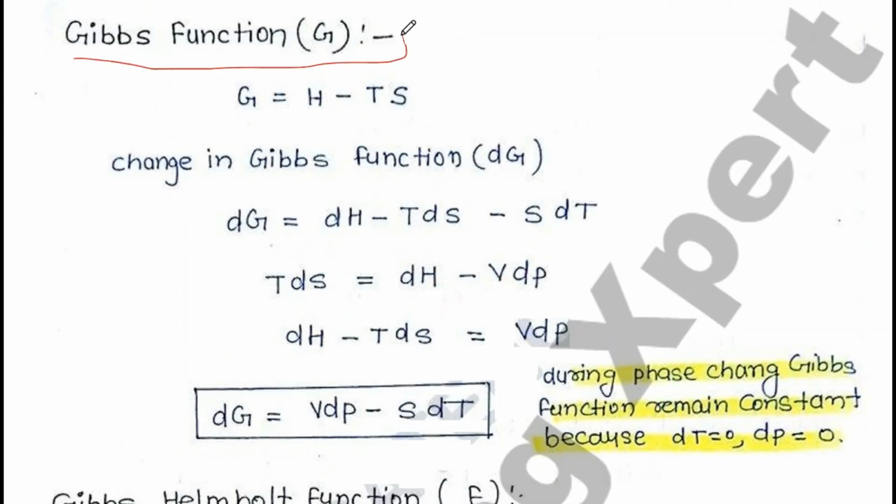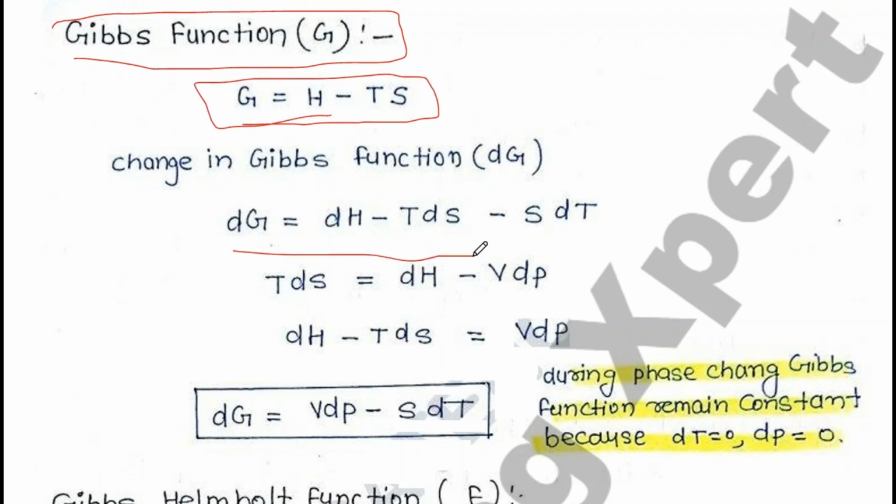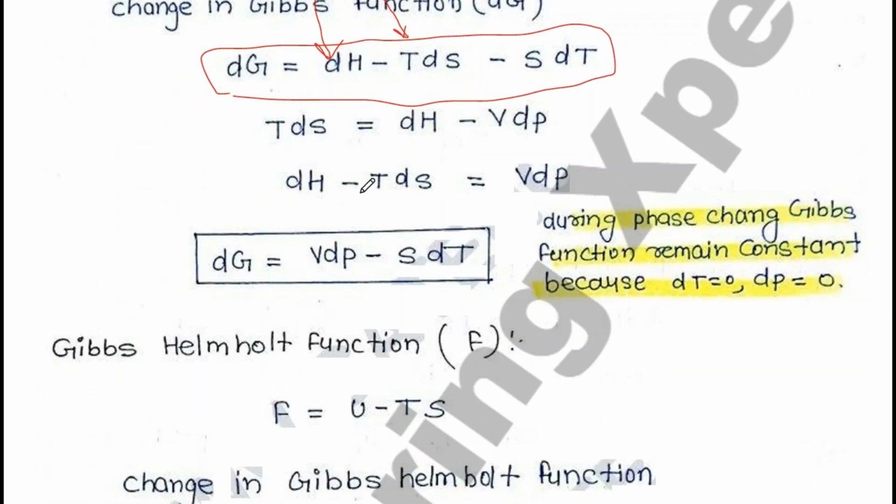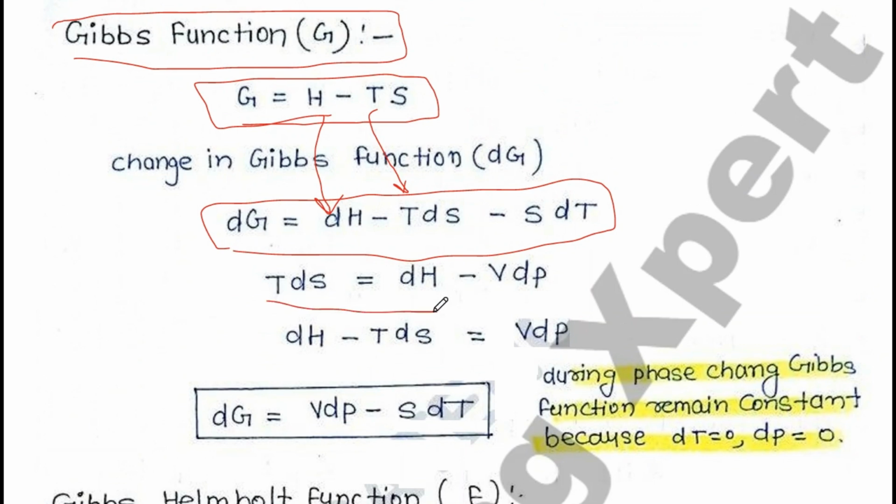One more thing is there, the Gibbs function or Gibbs energy. So G equals H minus TS. This is the Gibbs function. And dG can be written by differentiating, using the chain rule: dH minus T dS minus S dT.